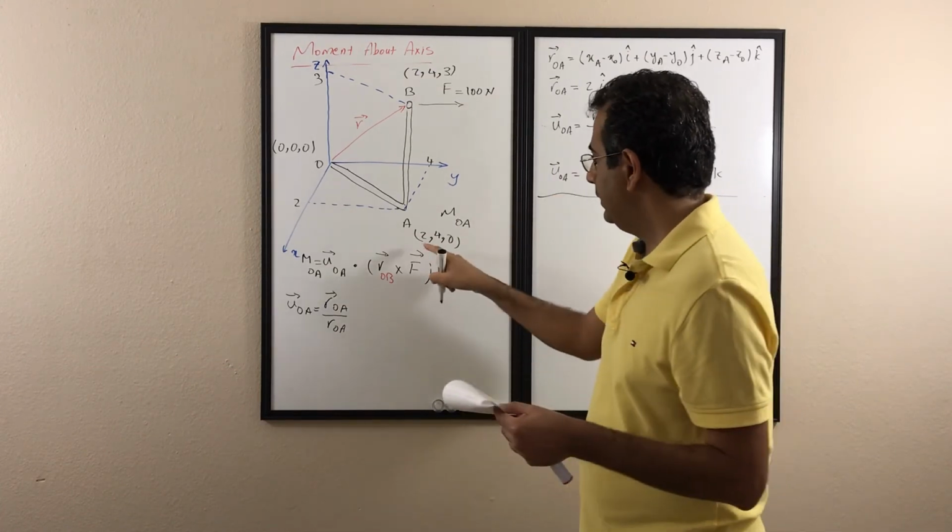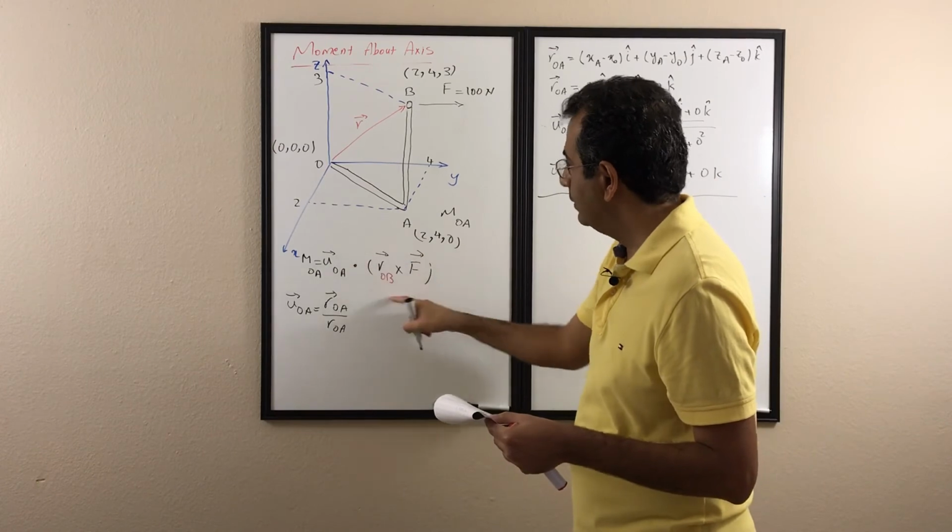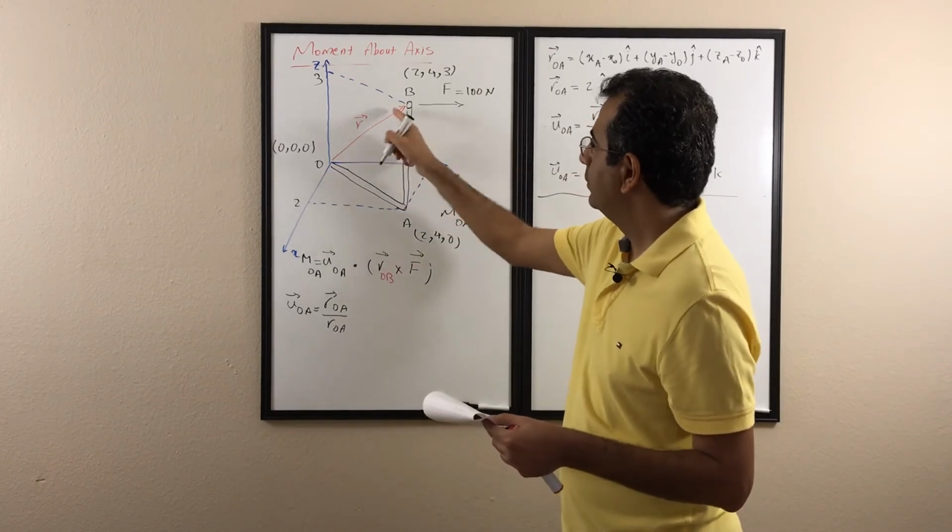The next thing we need is the ROB, so we need that position vector.